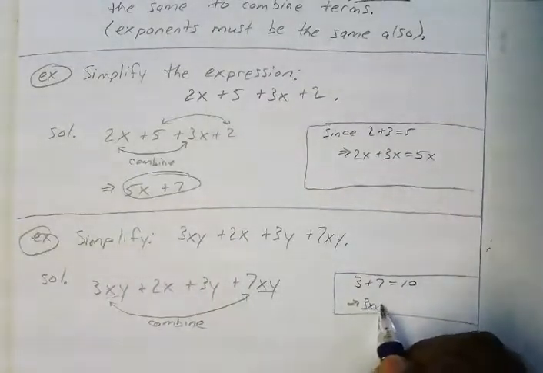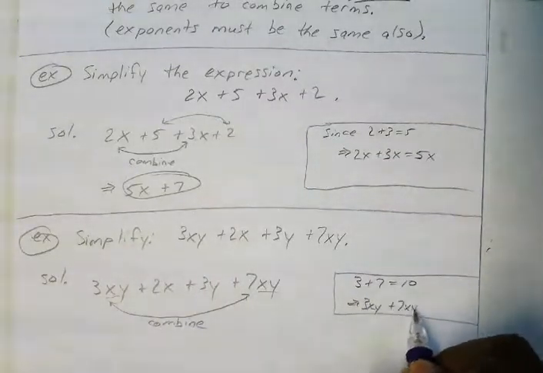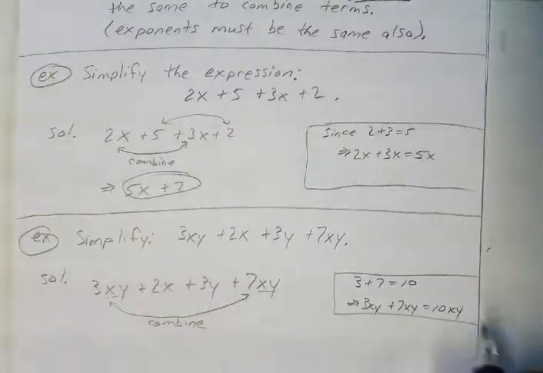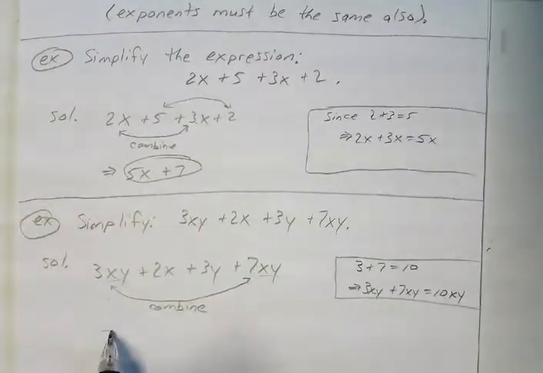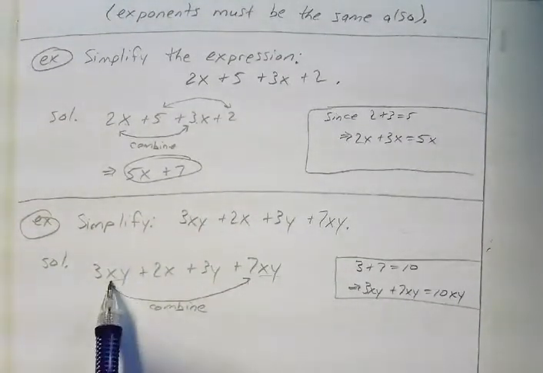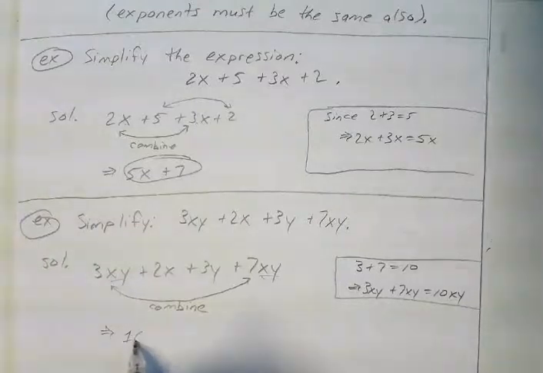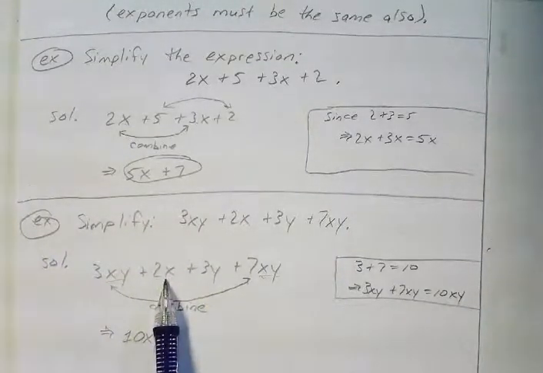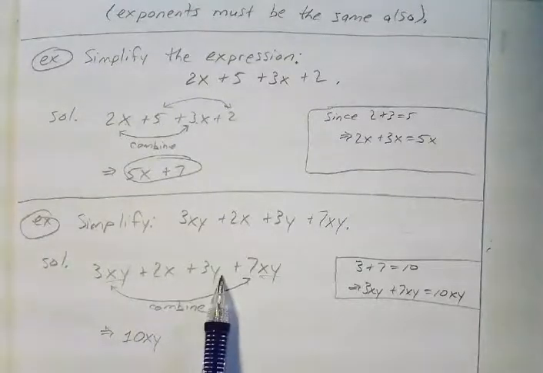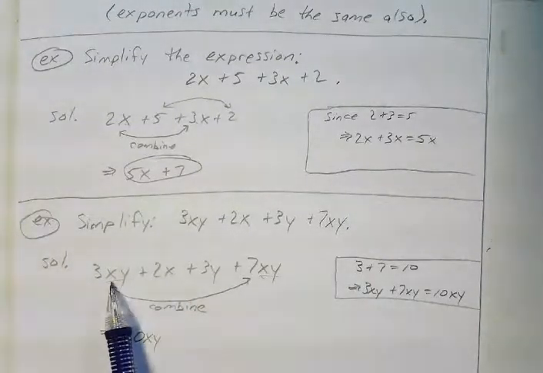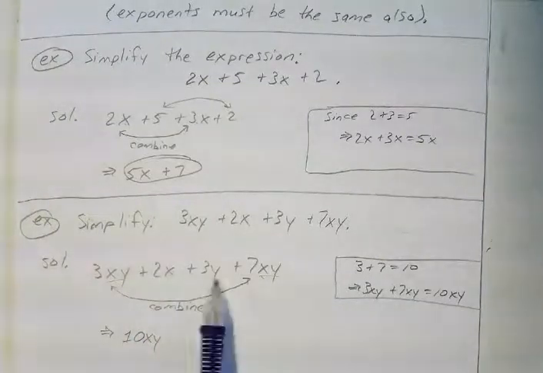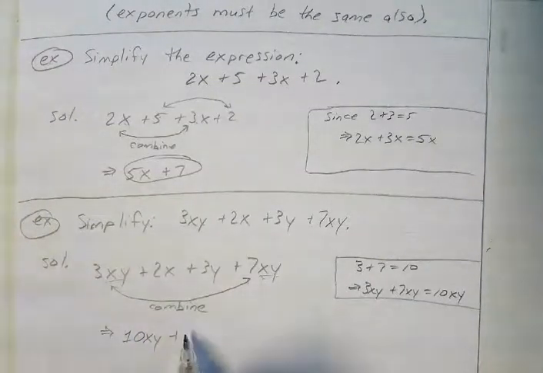So 3xy plus 7xy is 10xy. Now your 2x and 3y, you can't combine those with anything because they aren't the exact same. x is not the same as xy. y is not the same as xy. So those just stay the same.